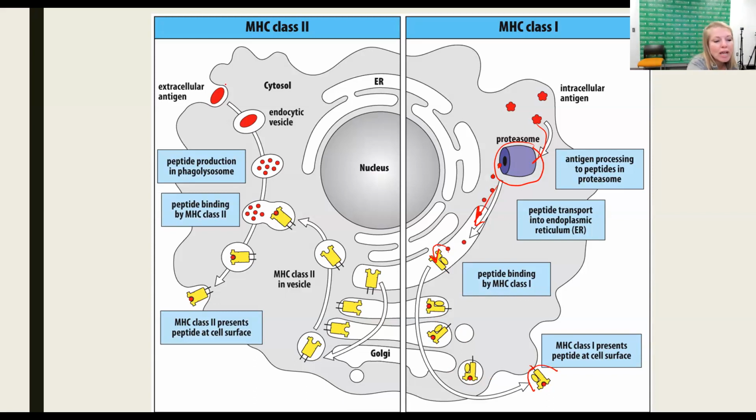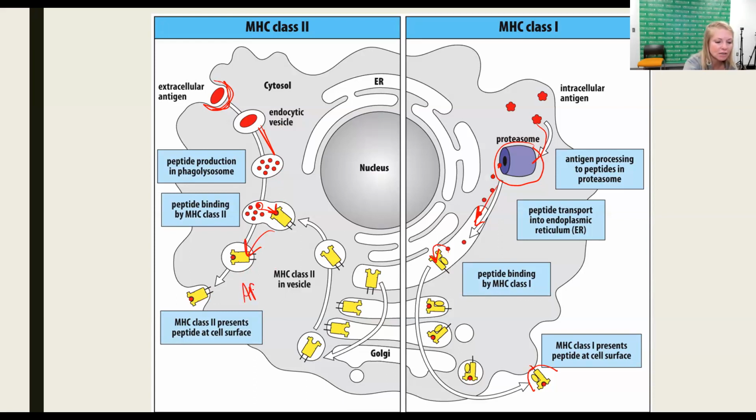MHC class 2: phagocytosis is how that extracellular pathogen gets brought in. We talked about the processes that occurred during phagocytosis and the degradation, with the phagosome binding with the lysosome, creating tiny little peptides that then get loaded onto an MHC2 molecule right inside that endosome. And then, once it's loaded onto the MHC class 2, it's going to be moved to the surface of the cell.